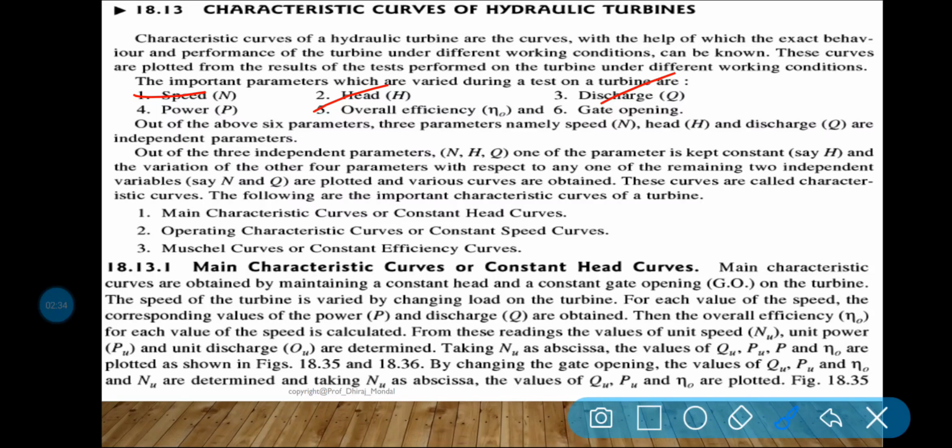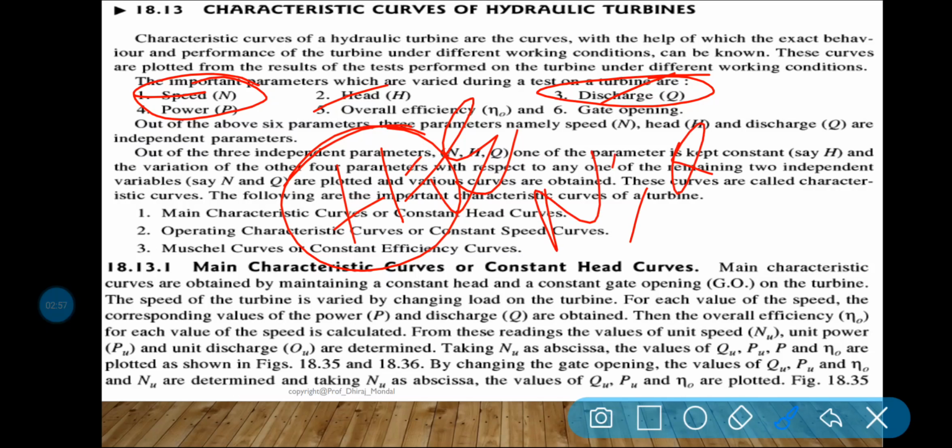Now what we are doing is, out of these independent parameters, one is kept constant. Let us consider H is constant. Out of the two independent parameters N and Q, I have to take only one, suppose N, and the rest, 4, 5, 6, are there.